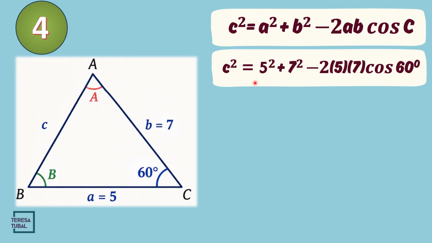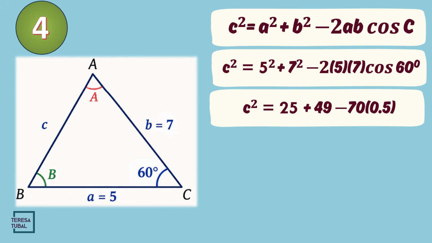5 times 5, that is 25. 7 times 7, that is 49. Negative 2 times 5 is negative 10 times 7, that is negative 70. So 25 plus 49 minus 70, and cosine 60 degrees, that is 0.5. 25 plus 49, that is 74, minus 70 times 0.5, that is 35.